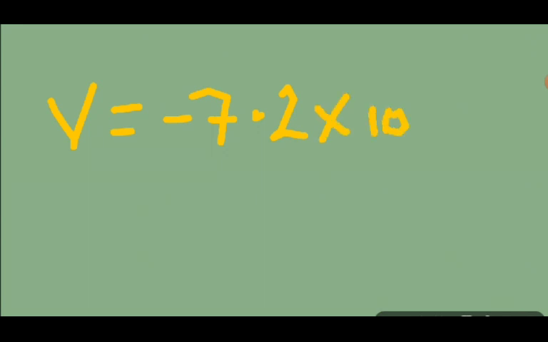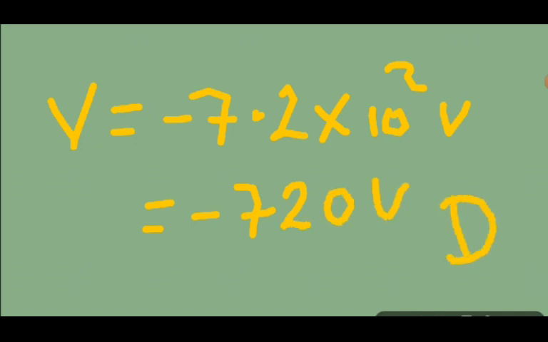Then multiplying, we get V is around 7.2 multiplied by 10 raised to 2. So this is equal to minus 720. Therefore, from the given alternatives, the answer will be D.